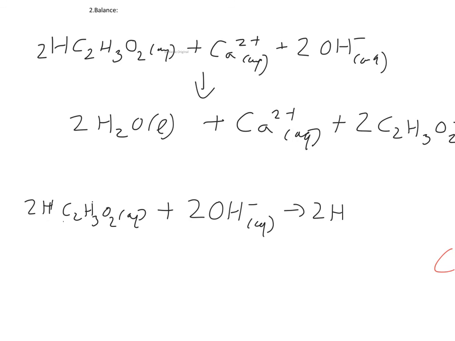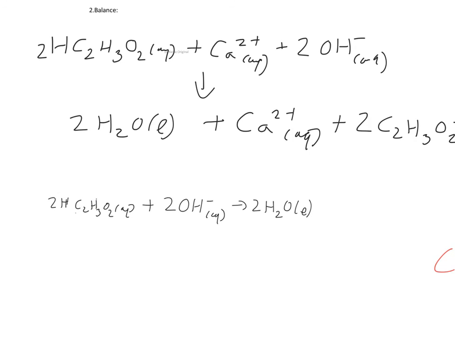Look at our balancing when we write that net ionic equation. We've got 2's in front of everything. What would your math teacher tell you to do? Get rid of the 2's, and she'd be absolutely right. So we actually need to get rid of all those 2's when it comes to writing the net ionic equation.